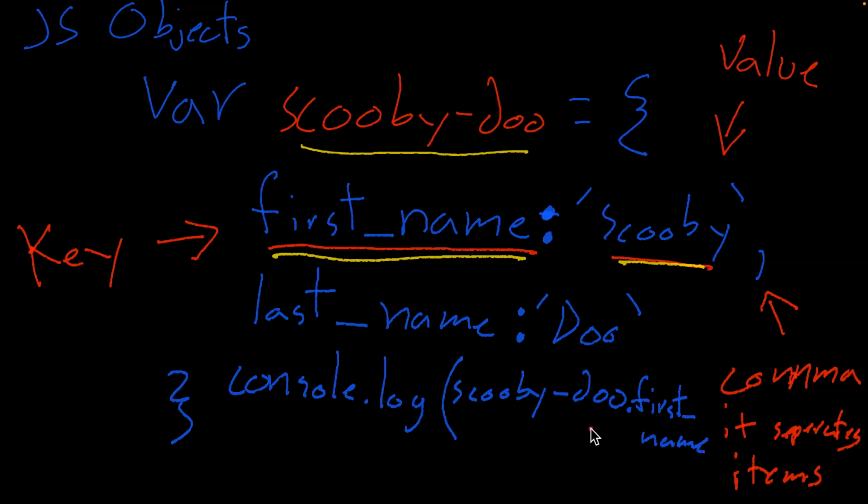That dot is what gives us the access to that key. That key holds the value in a string, so it should log Scooby.